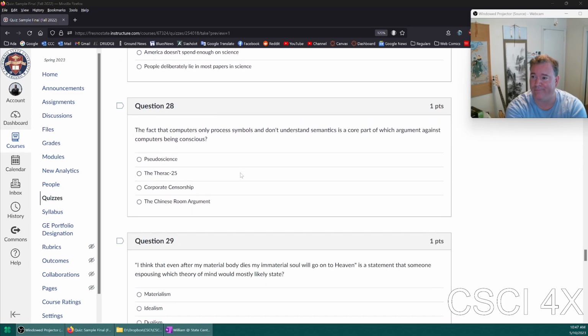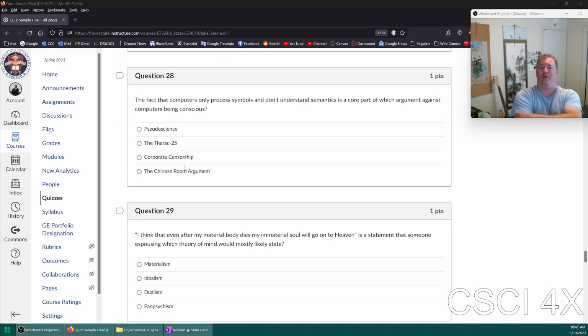The fact that computers only process symbols and don't understand semantics, i.e. meaning, is a core part of which argument against computers being conscious? So this is an argument by Searle. We talked about it last class, where basically computers just process a symbol. They have no concept of what any of the symbols mean. They just take a symbol, and a symbol is just ones and zeros.